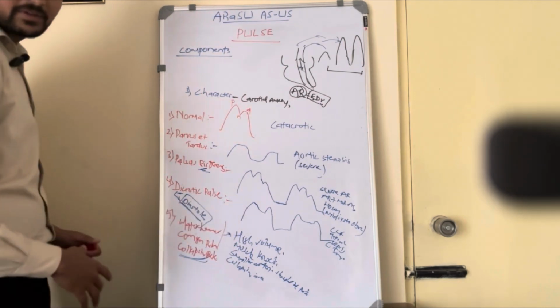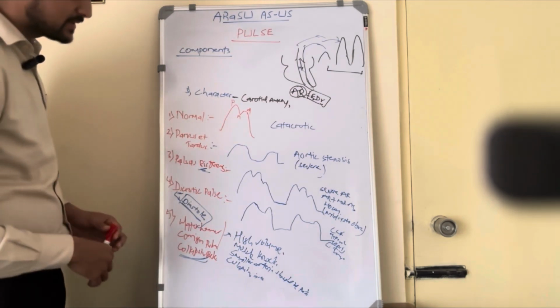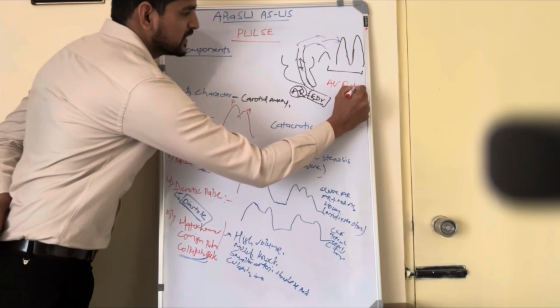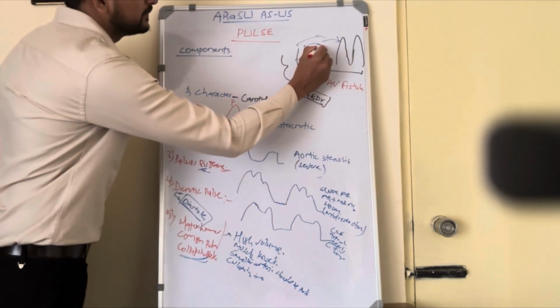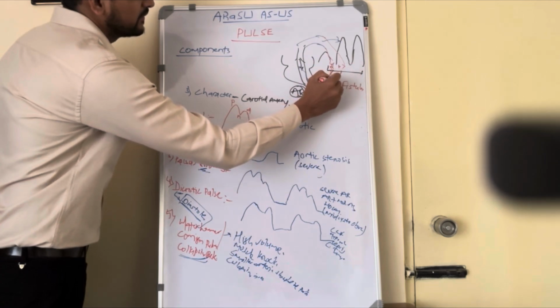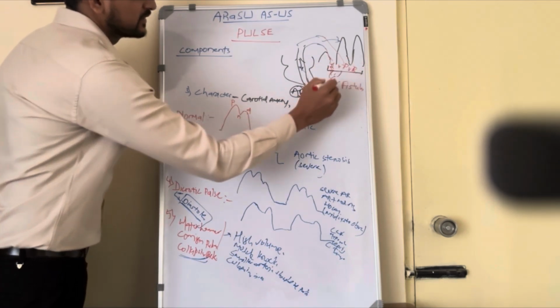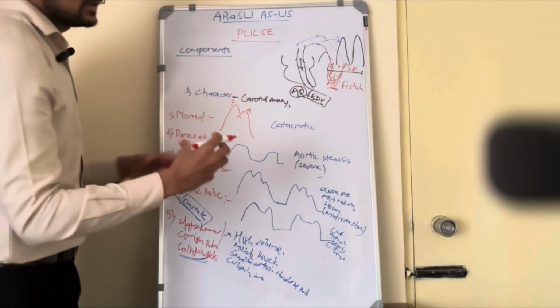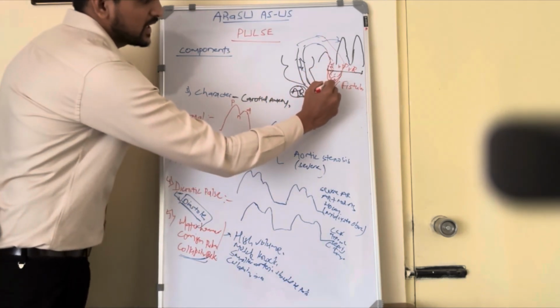Why I am explaining this condition in detail is because of AV fistula, for example. AV fistulas are there in the periphery. We said that as the blood is pumped out, there will be capillaries and veins, so there will be some peripheral vascular resistance. But when there is an AV fistula, this part of the structure will be joined. That's why there will be arterialization of the veins.